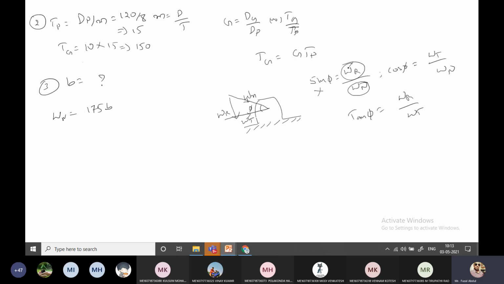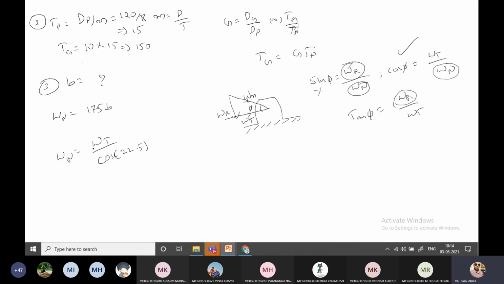Wr again we don't know, so this is the suitable equation for solving: Wn equals Wt by cos phi. Phi is given as 22.5 degrees. Again, Wt we don't know.